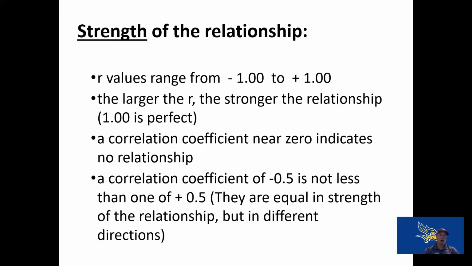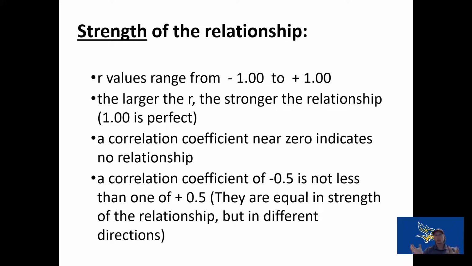Okay, so this means that if we have a correlation coefficient of -0.5 and then another one that is +0.5, they're at equal strength. So 0.5 is the strength of the relationship, how closely they're related. The negative and positive tells us if it's a negative relationship or a positive relationship.